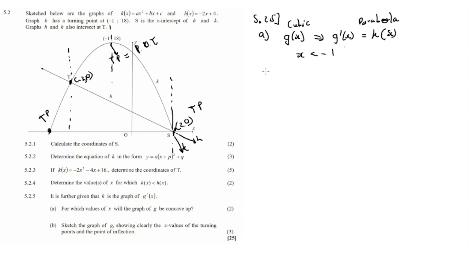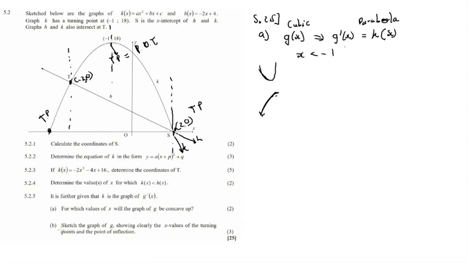So my parabolic graph will look something like this. Where my parabola increases, it's actually this part of the cubic function. Where? It's whenever x is less than -1.